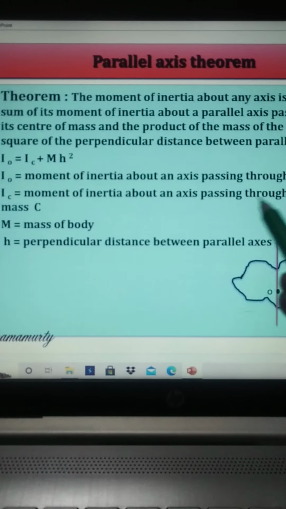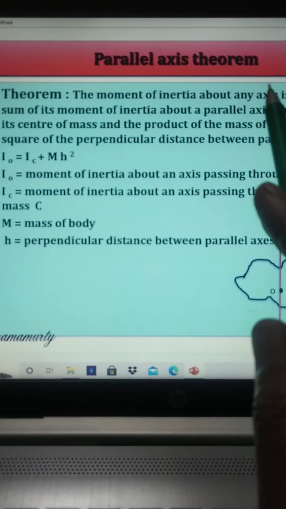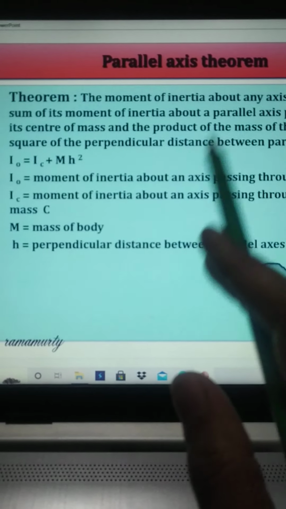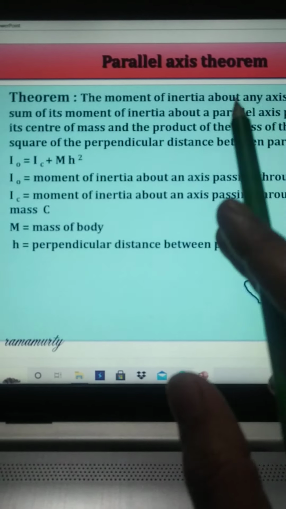Now our next point is the parallel axis theorem. So we find the formula for the parallel axis theorem.